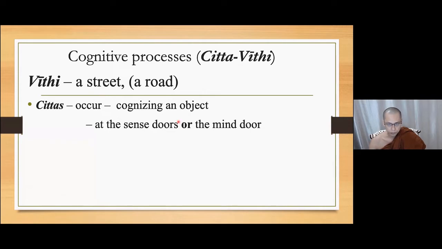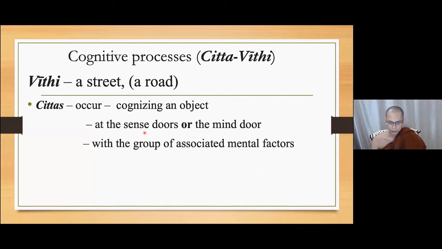So now, before we study the process-free, we will study the cognitive process. When the consciousness arises as a cognitive process, it uses any door, the five sense doors or the mind door. And the consciousness never arises by itself. It arises in association with the associated mental factors.